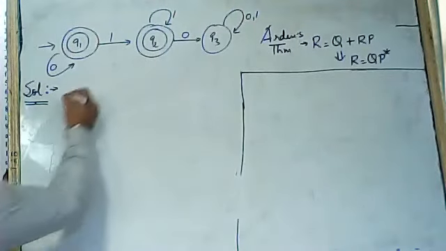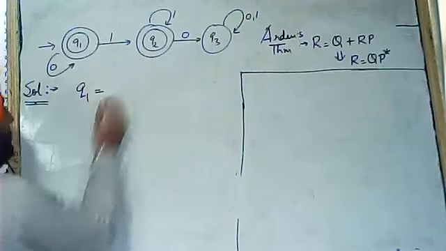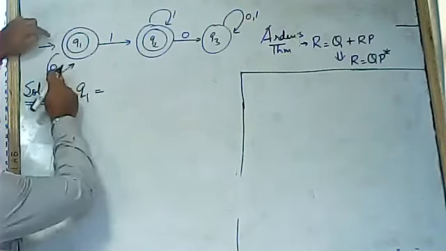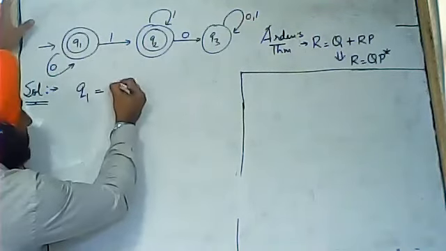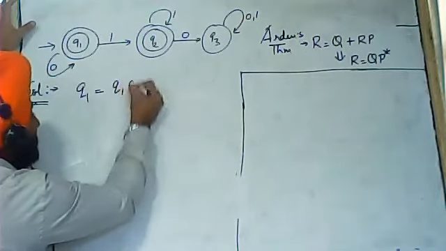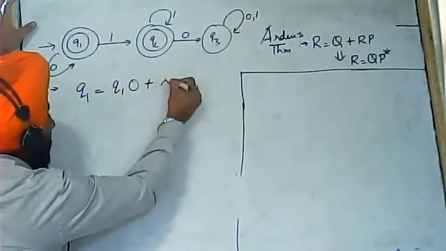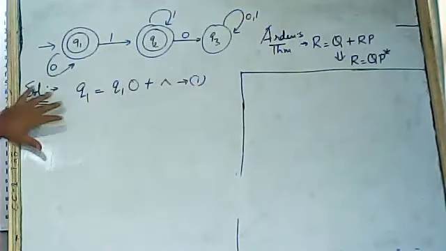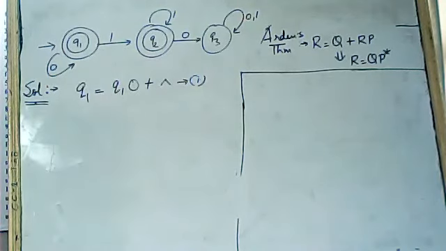So let me start. Q1 is equal to, again you need to go for incoming arrows. Upon Q1, only one incoming is coming, that is Q1 0 plus null. This is by default, null will be added for the initial state. So the first equation is Q1 is equal to Q1 0 plus null.